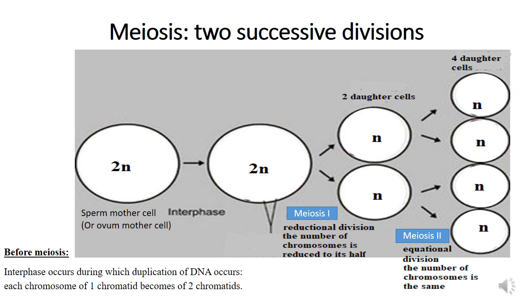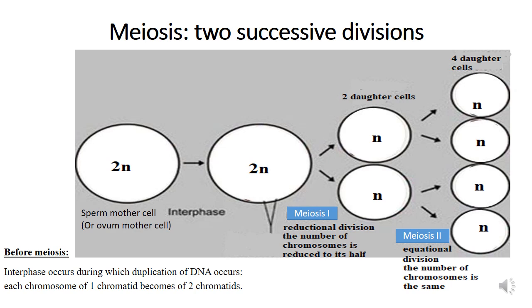Then, each of these daughter cells with N chromosomes undergoes meiosis 2, which is an equational division. Why is it called equational? Because every daughter cell with N chromosomes divides into 2 daughter cells also with N chromosomes.